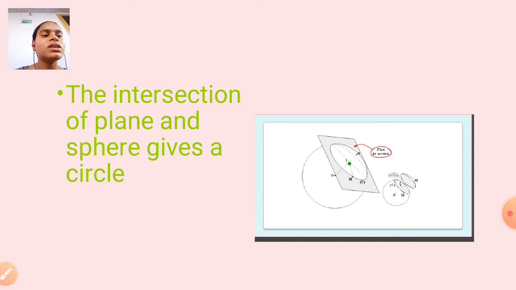The part which is not included in the sphere gives the plane dissection, and the part which is considered in the sphere and forms the circle is called the section. Finally, the intersection of this plane and the sphere gives a circle. That means the plane section of the sphere is a circle.